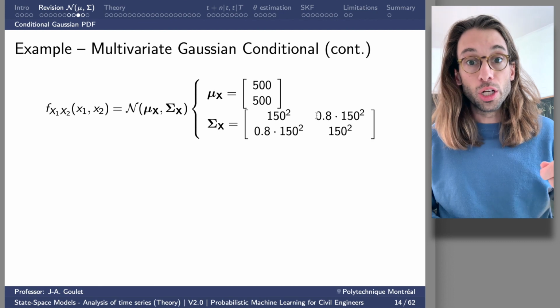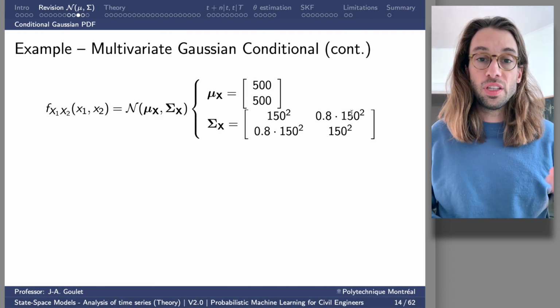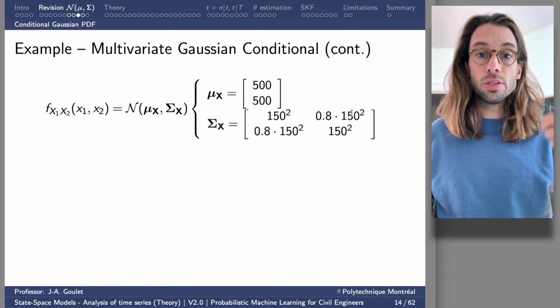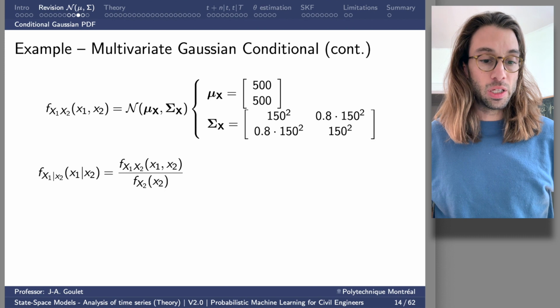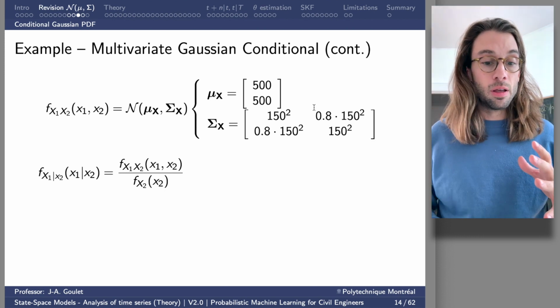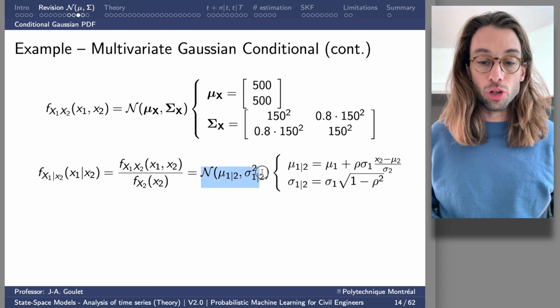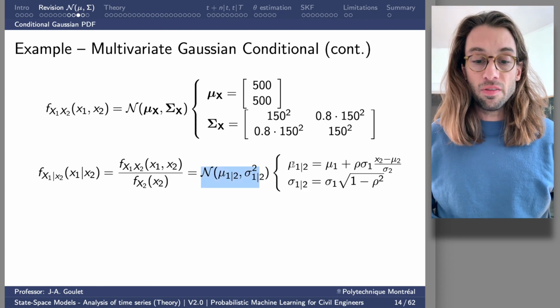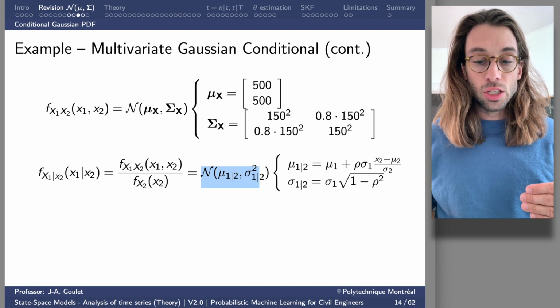Here is going to be the correlation coefficient that we defined as 0.8 times 150 times 150, the prior standard deviation for the resistance of each respective beam. Then if I define my conditional PDF by the joint divided by the marginal, I obtain that conditional formulation for which the expected value and standard deviation are given by these formulas.